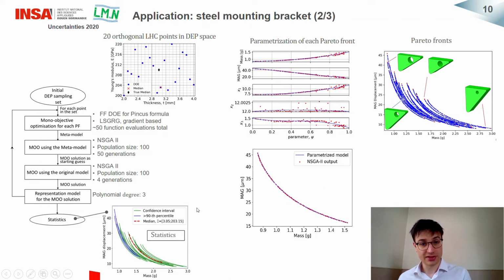Then we're interested in the statistics of these fronts, and the median was found to be at 3 millimeters for the thickness, which corresponds to the mean value, and the Young modulus was quite far from the mean value, and we explain this by the fact that thickness has a greater impact on the Pareto front positioning, and actually we can achieve a better precision by applying some methodologies that we'll explain later in other articles.